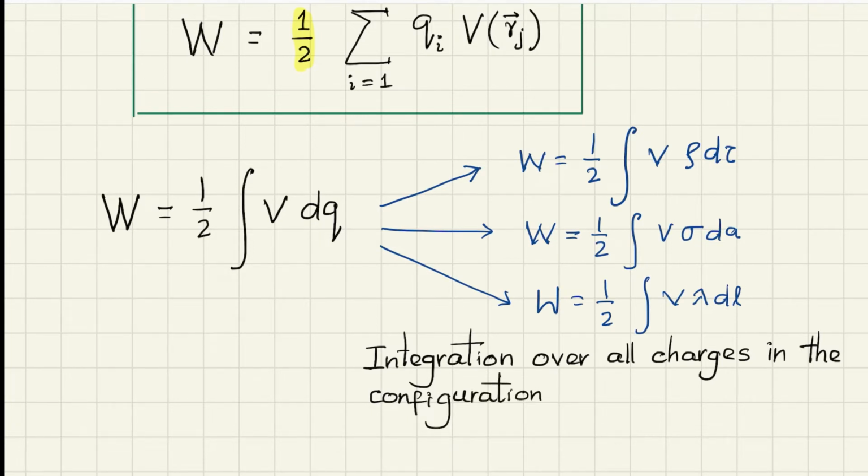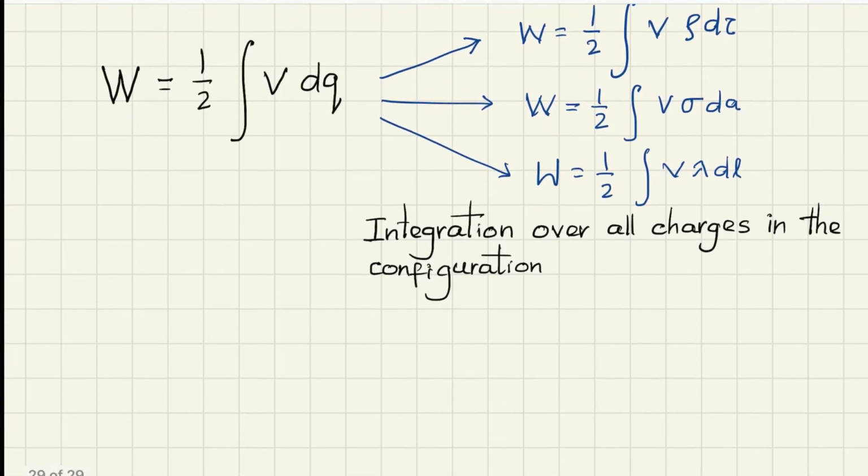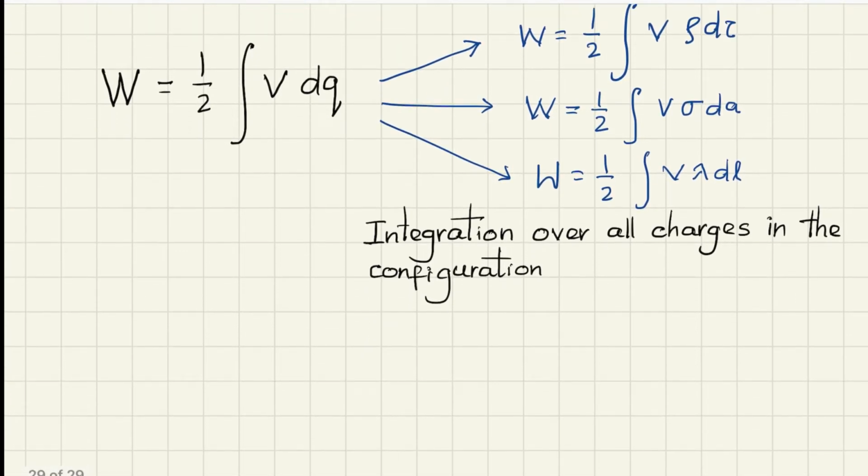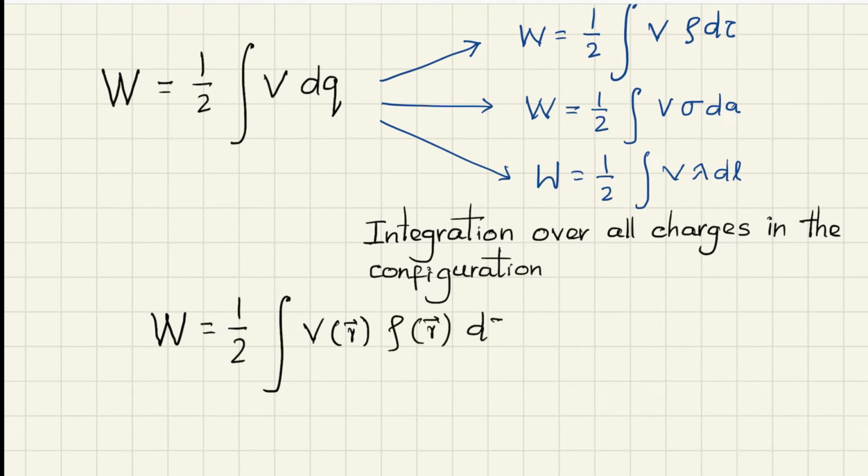Okay, so the master formula in this case is W = 1/2 ∫ V(r) ρ(r) dτ.